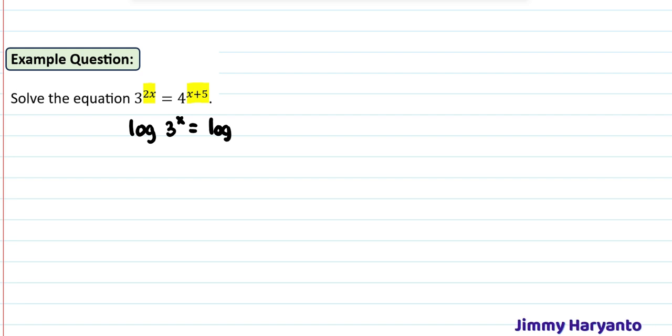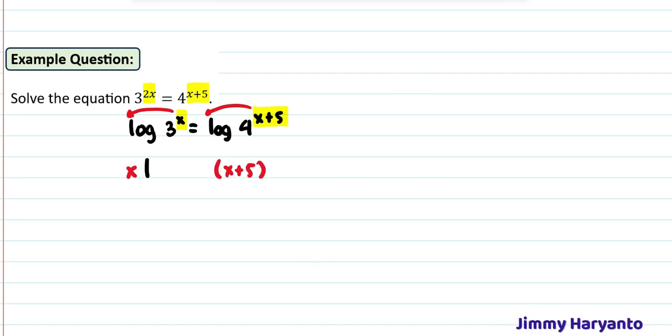I will take the log 10. So 4 to the x plus 5, and then as you can see, we have powers inside of the logarithm. That means we can move them to the front. You'll have 2x and x plus 5 at the front of the logarithm. 2x log 3 equals (x plus 5) log 4.